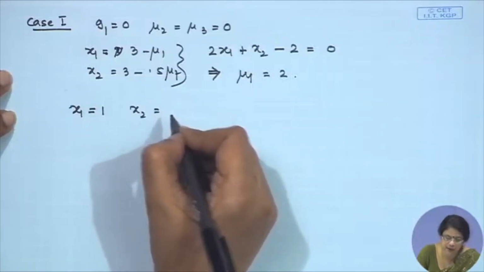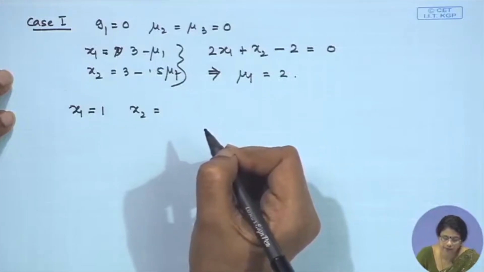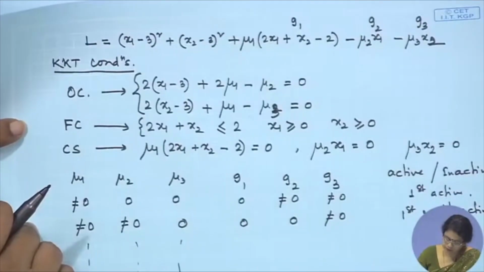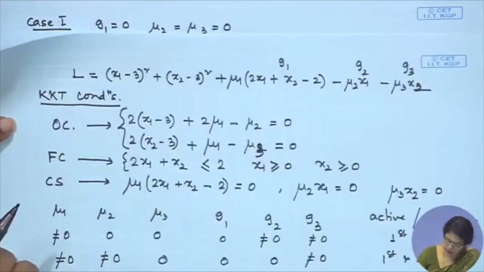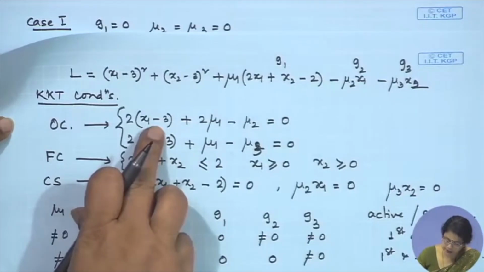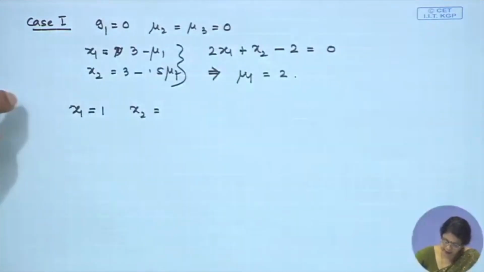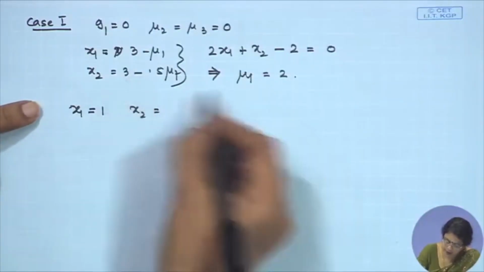Let us recheck. With mu2 equal to 0, the 2 will cancel, and x1 must be equal to 3 minus mu1, so certainly x1 is equal to 1.